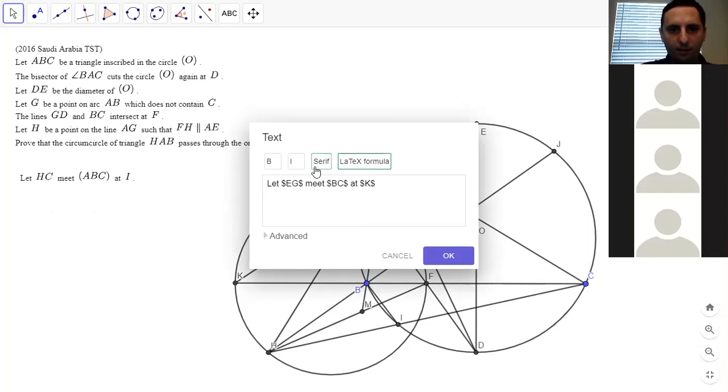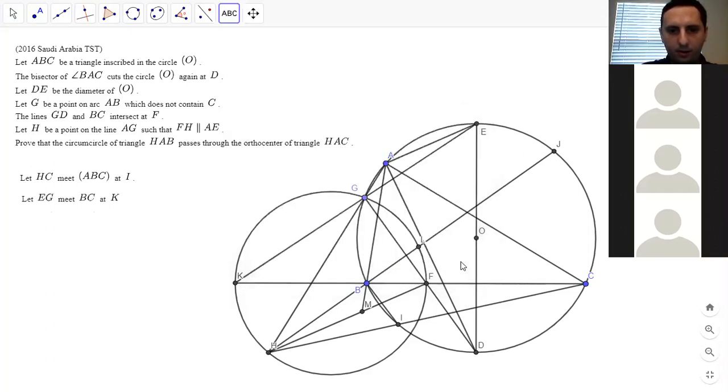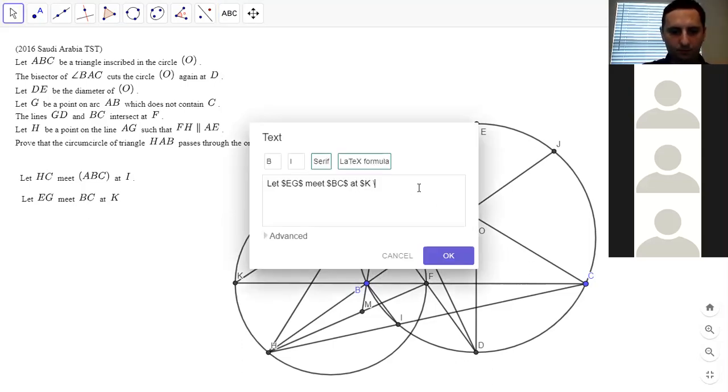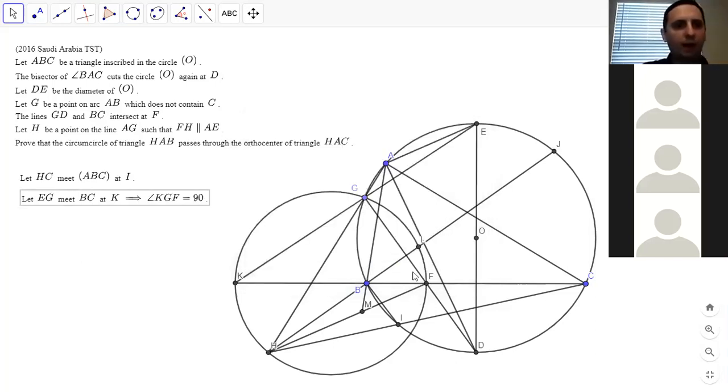And so that means that angle KGF is 90. And then we also have GF. F is mentioned in the question. So GF bisects angle BGC.